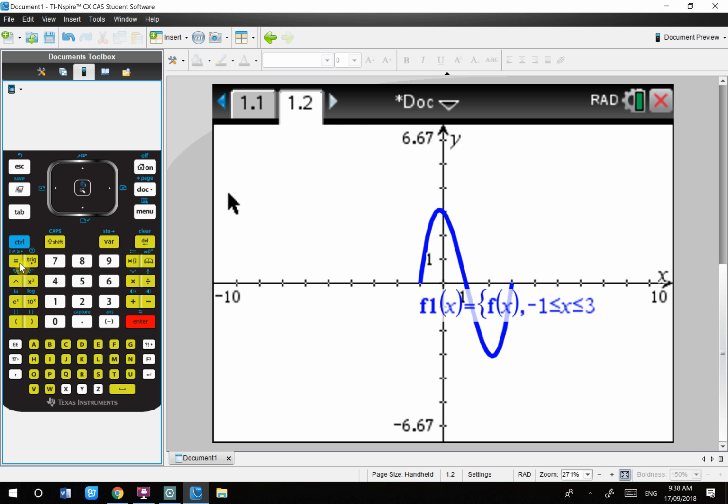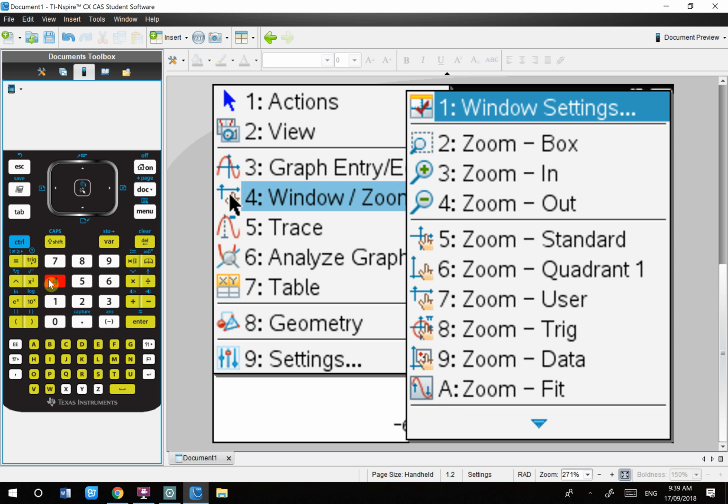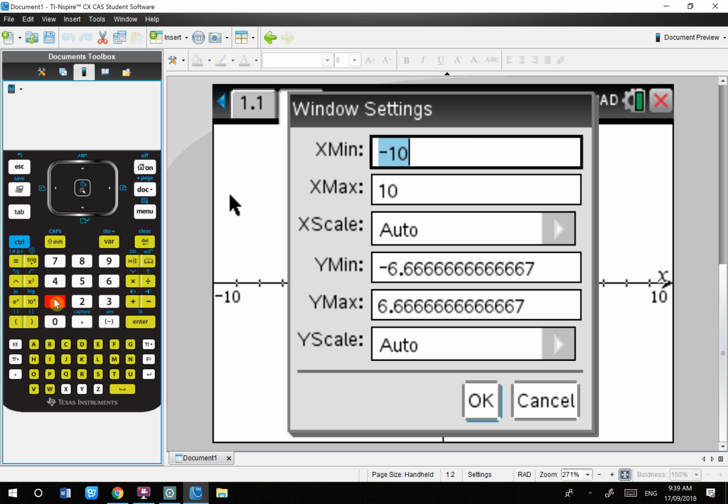This graph is quite clearly seen, I can see it. How about if I can't see a full picture? Or you can say this page is too big. So what I can actually do is menu number 4, window zoom, and number 1 for window settings. My minimum x, I know my minimum value will be -1, but now I'll put -2 to give a little bit of space.